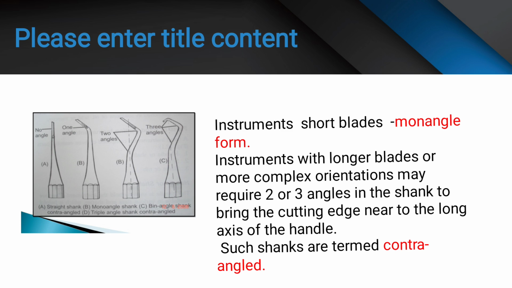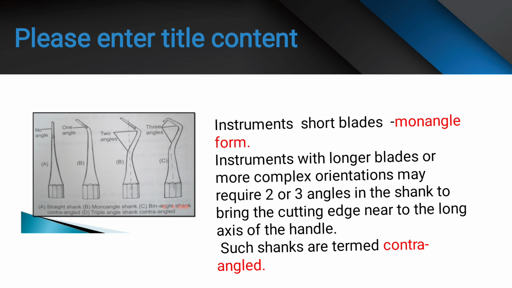Instruments with longer blades or more complex orientation may require two or three angles in the shank to bring the cutting edges near to the long axis of the handle. Such shanks are termed contra-angle. This design is given to easily access inaccessible areas like proximal portions.